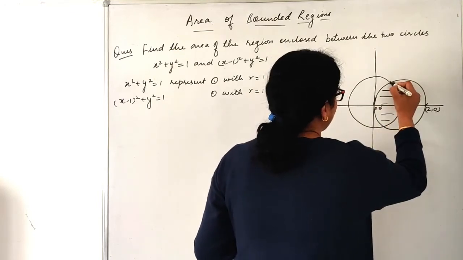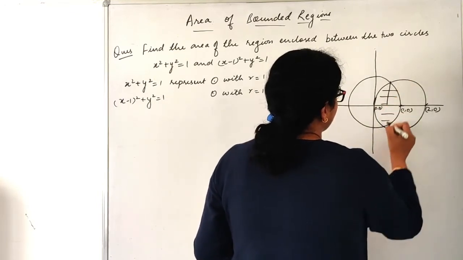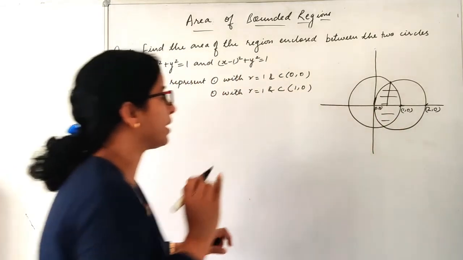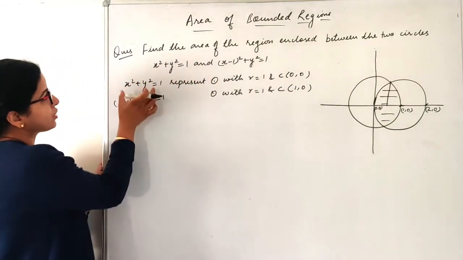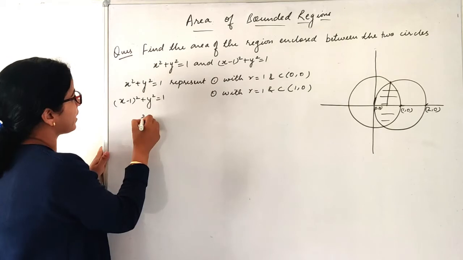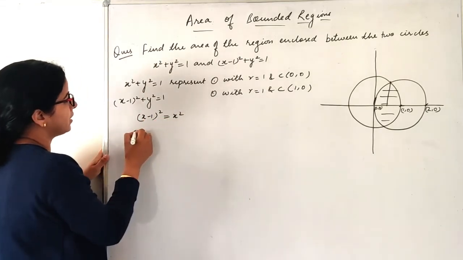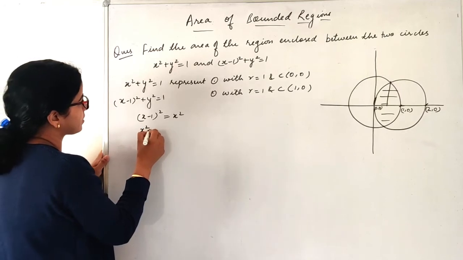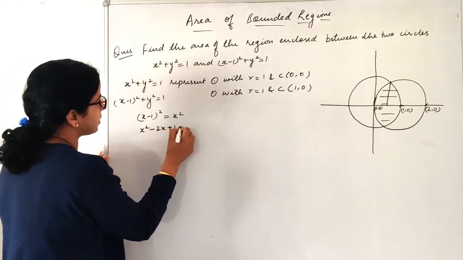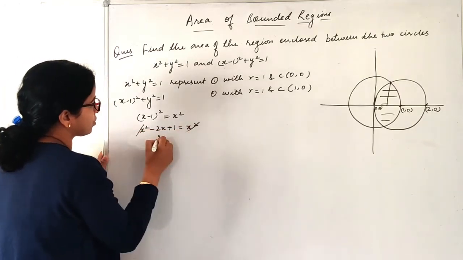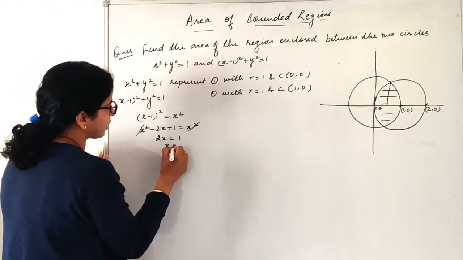Now we have to find the point of intersection, this point and this point. Okay. So how to find the point of intersection? We have to solve these two equations. So x minus 1 whole square will be equal to x square, right? So what does that imply? x square minus 2x plus 1 is equal to x square. So 2x is equal to 1, x is equal to 1 by 2.